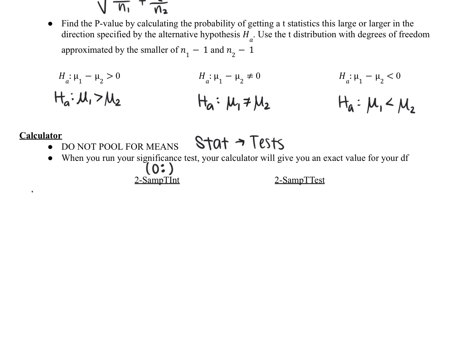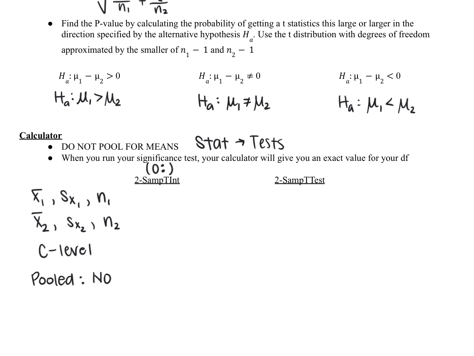If you have to input stats, you need to know your x1 bar, your sample standard deviation for your first one, and your n1. Then you need to know the same thing for x2. And then you need to know your confidence level as a decimal. And when it says pooled, we are always going to pick no. We are never going to pool our means. We do it for proportions, but we don't do it for means.